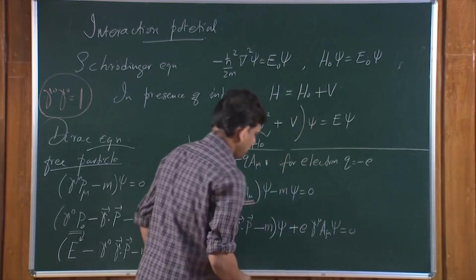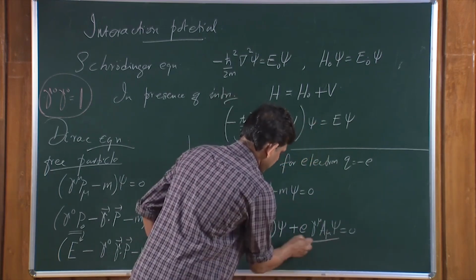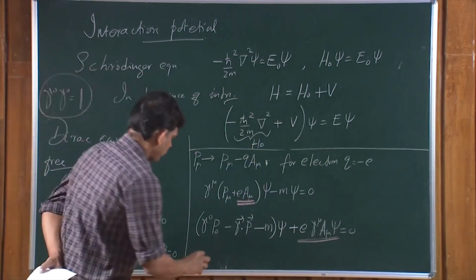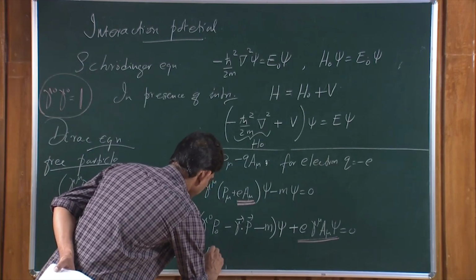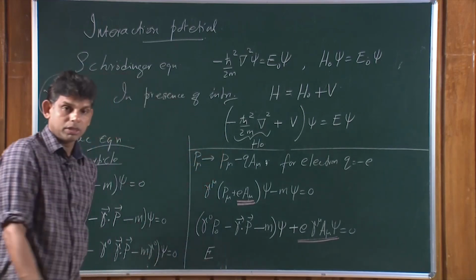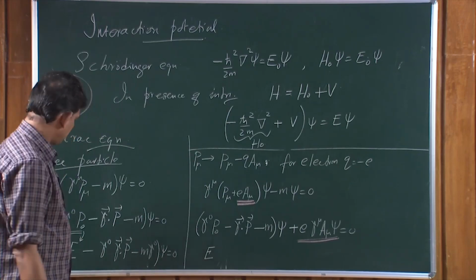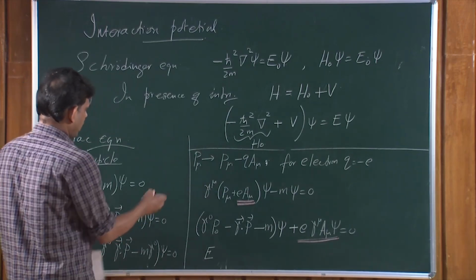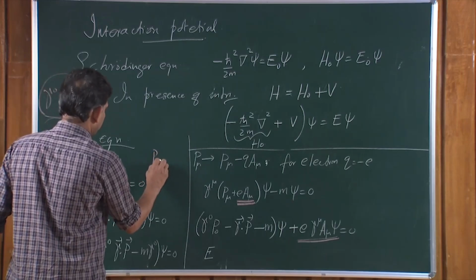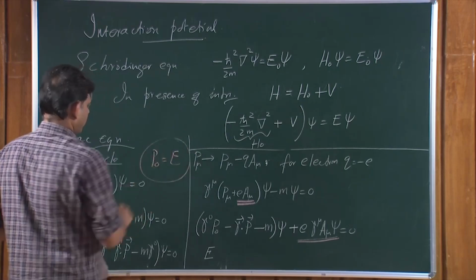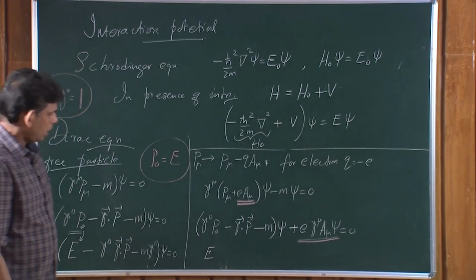So, this is basically the additional term due to the interaction. This can be written after multiplying by gamma 0 and writing P 0 as the energy E. For clarity, P 0 is equal to energy E.